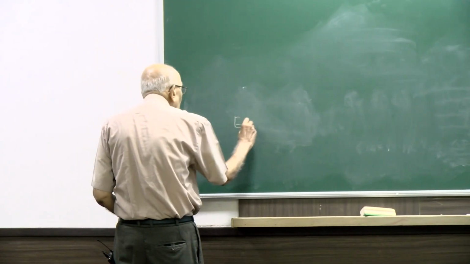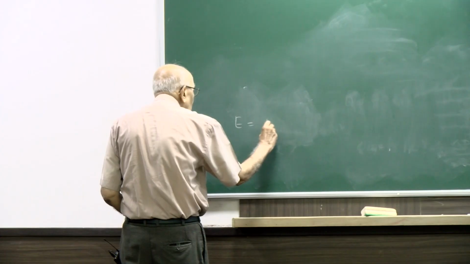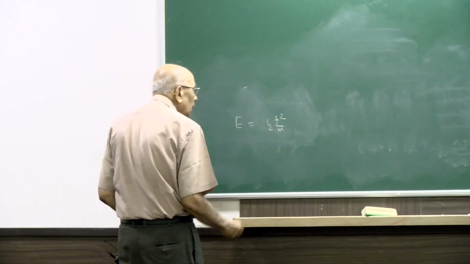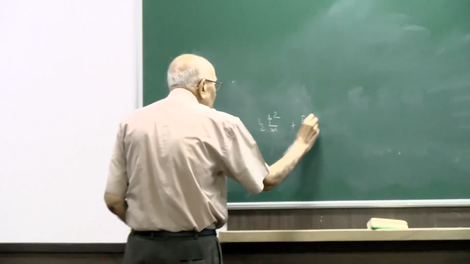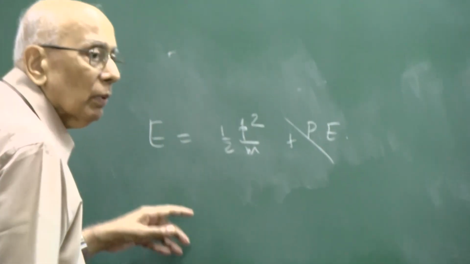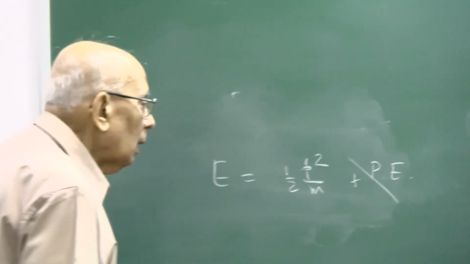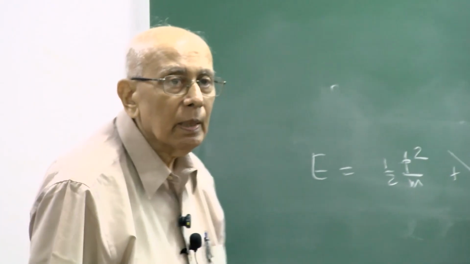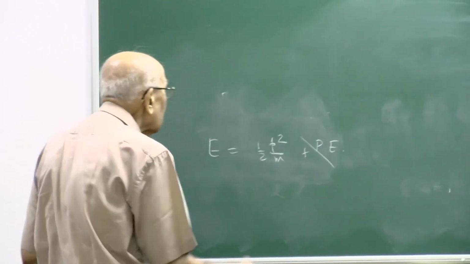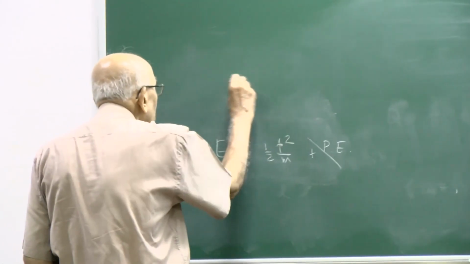Non-relativistically, you write the total energy of a particle as kinetic energy, which is 1/2 p squared over m, p is mv, plus the potential energy. For a free particle, there's no potential energy, it's p squared over 2m. That's the energy. The actual relation between the energy and mass and momentum of a free particle in relativistic physics is this. And I'm not going to derive it, but it's this.